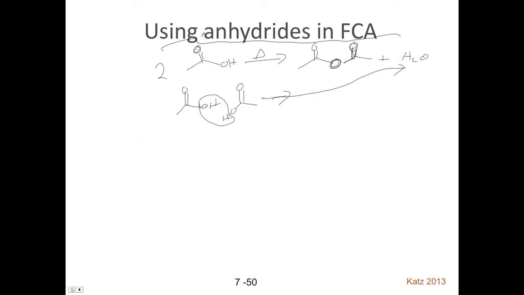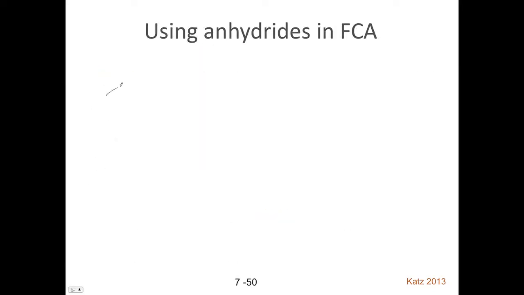Okay, so using anhydrides in Friedel-Crafts acylation. All right, let's just get a clean slate. And so here we can do a few different things. Well, you can use Lewis acids, but I've seen more of these Friedel-Crafts acylations happen when you use either HF or polyphosphoric acid.